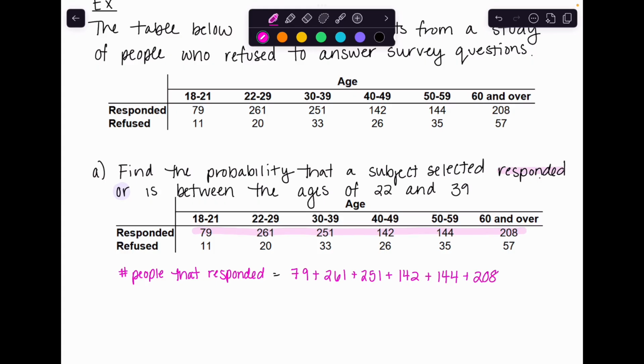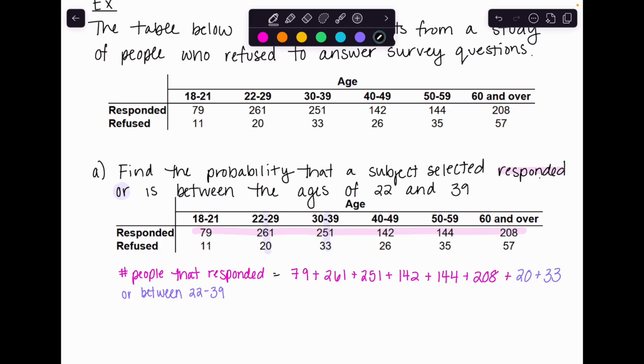You can do this as adding the probability of each individually, then subtracting that overlap. However, if I also want the number of people that responded or are between 22 to 39, I'm going to look at those columns of 22 to 29 and 30 to 39, and I'm just going to add those extra individuals. So in this case, we have the 20 that didn't respond from the 22 to 29 group, and then the 33 that didn't respond.